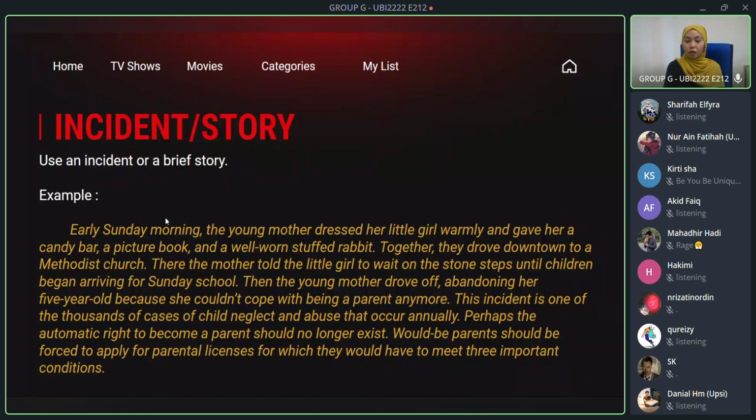So anyone can answer my question, okay? When you first start reading, you know that you are going to be reading about a young mother and a little girl, right? And once you have finished the first paragraph, what do you think will be the continuation of this essay? What are you going to be reading later? Any idea?